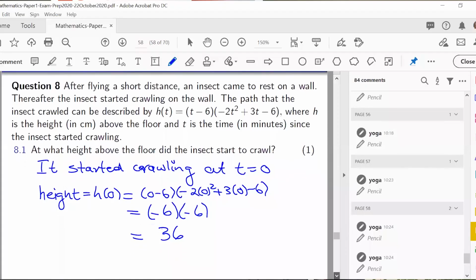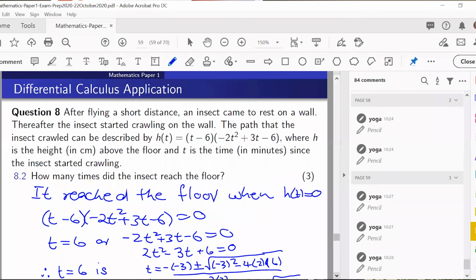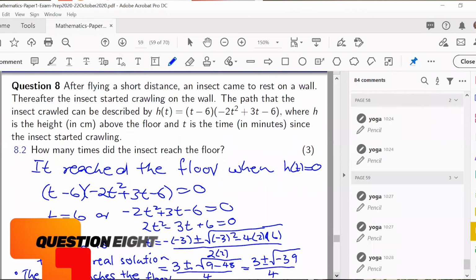Now we do question 8. Like before, I have said we're going to do question 8, question 9, and we're going to leave question 10 and question 11 for the next time. So we are going to do question 8 and focus on those questions that we did not do. 8.1 was done. 8.2 was done as well.